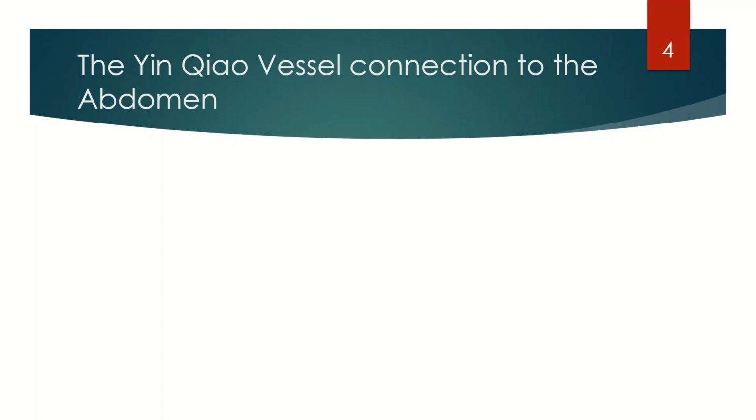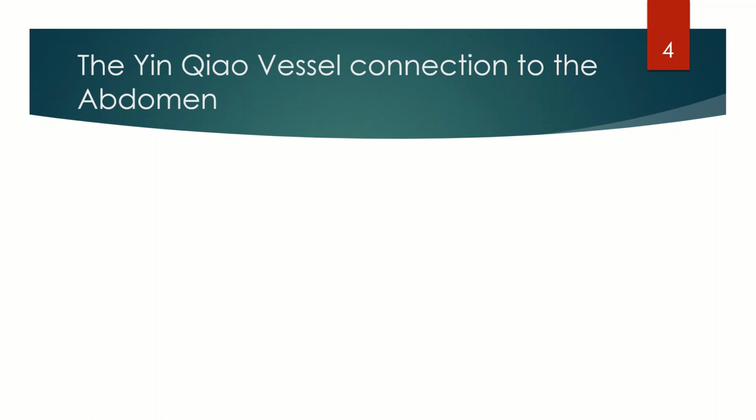So typically when we think of the Yin Qiao vessel, I think probably a lot of people know that it starts from the bottom of the foot, and then it travels up the inner malleolus, and it eventually passes up through the in phase, up through the throat and into the eye. That's at least the pathway that's given in the Spiritual Pivot.